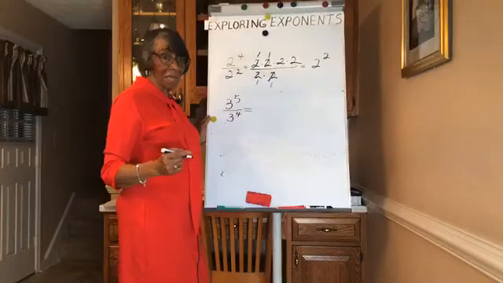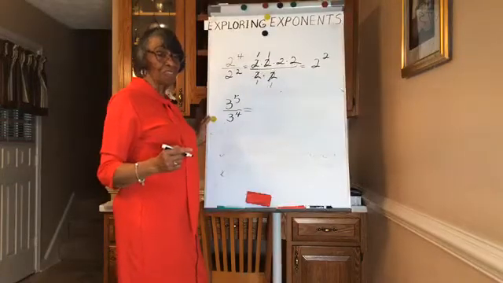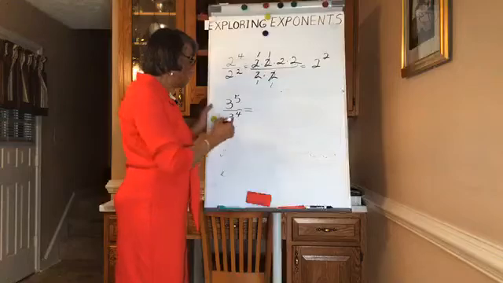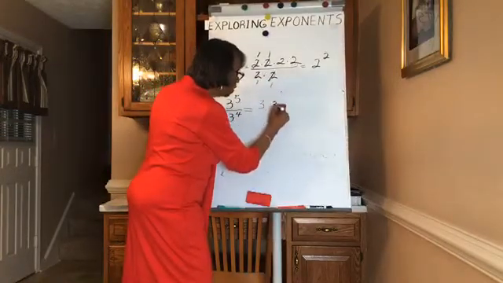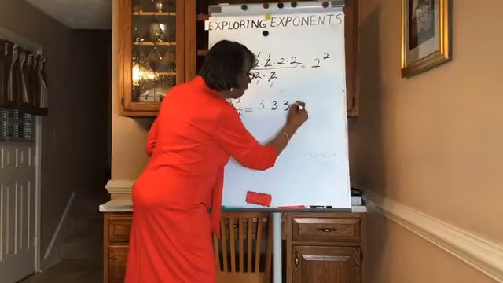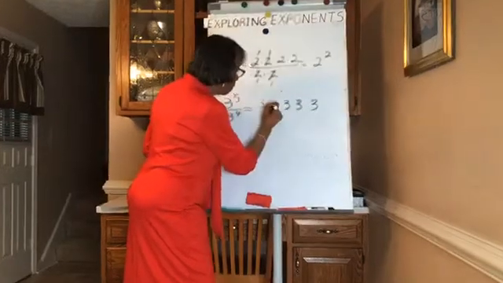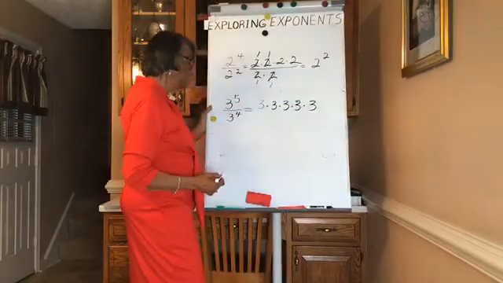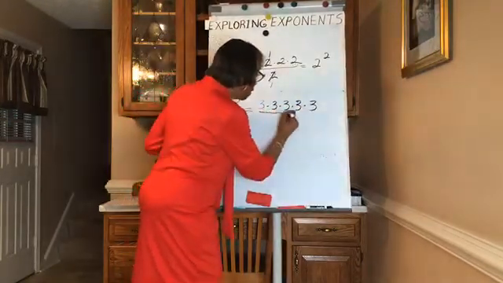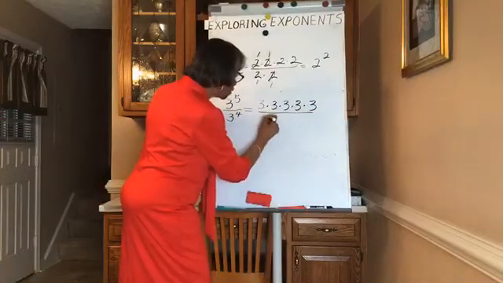But I don't teach shortcuts because I want you to understand why it is happening. So you have 5 3s, the product of 5 3s. Okay? And the product of 4 3s.